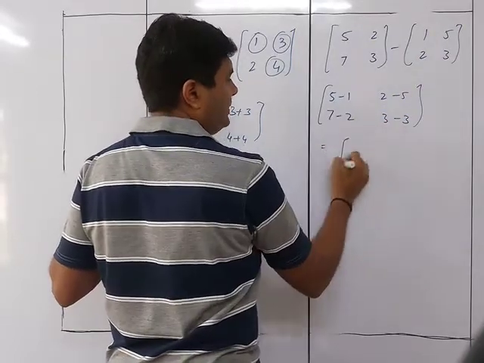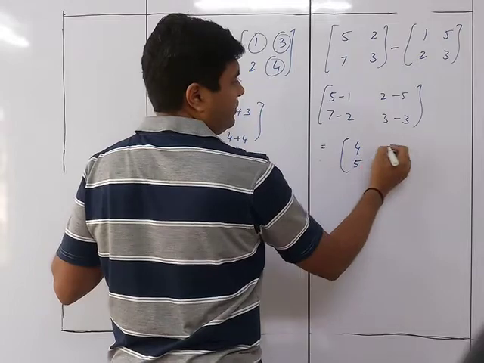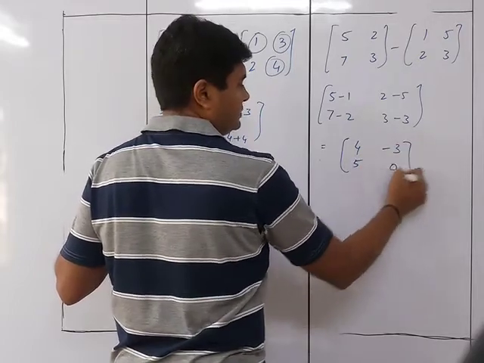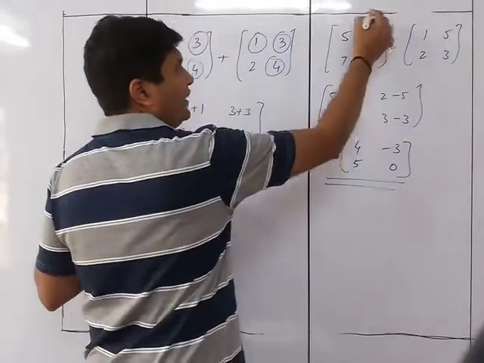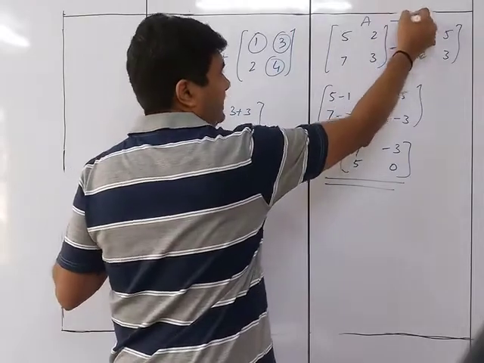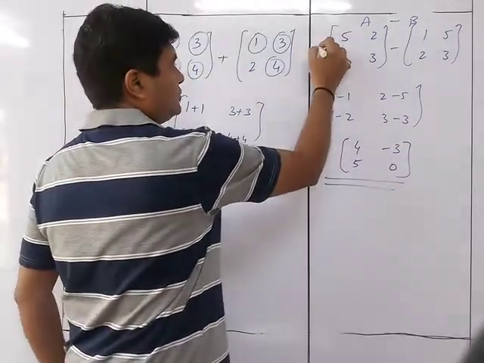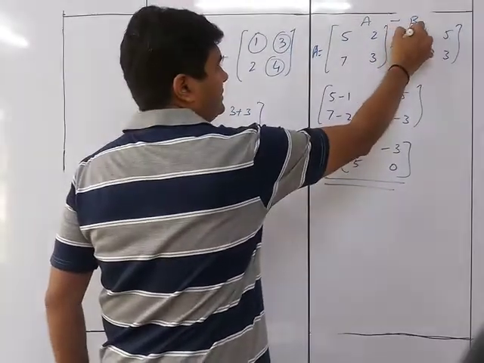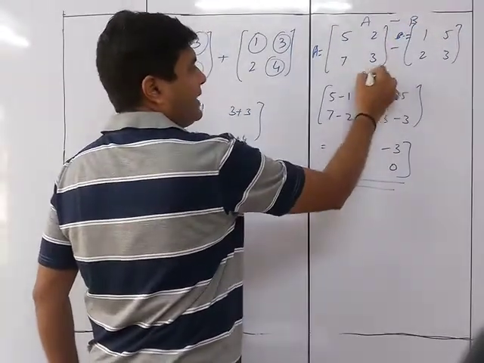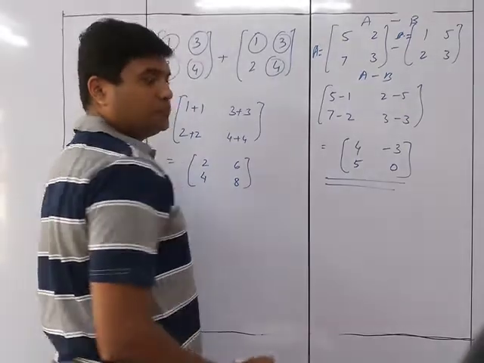So the answer will be 4, 5, minus 3, 0. This will be the answer if I take this as A minus B. Matrix A is this much, B is this much, and if I want to find A minus B, I just need to do this particular thing.